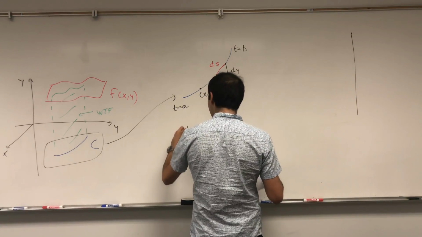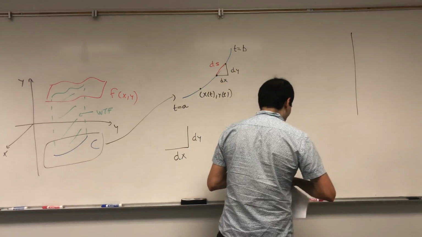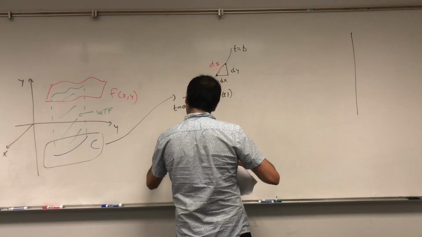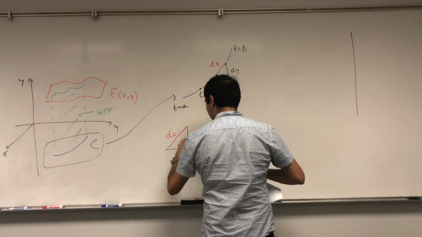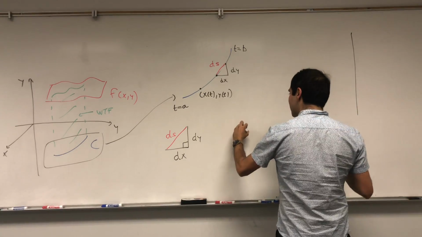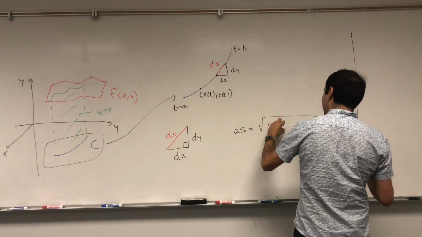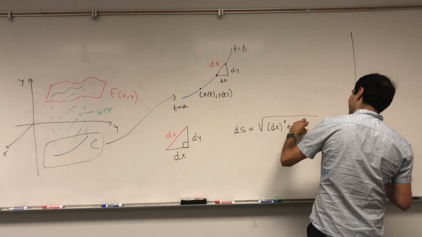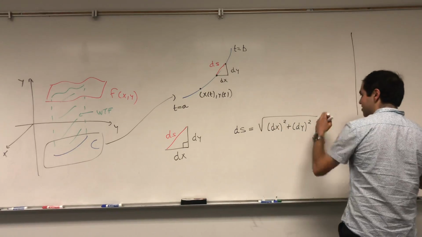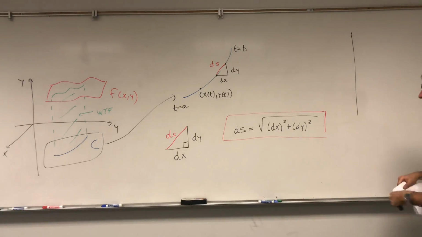Well, notice we do have a Pythagorean theorem situation going on: dx, dy, and ds. Then by the Pythagorean theorem, ds is nothing else than the square root of dx squared plus dy squared. And in fact, that's how you should remember this, especially when you do the formula for line integrals.